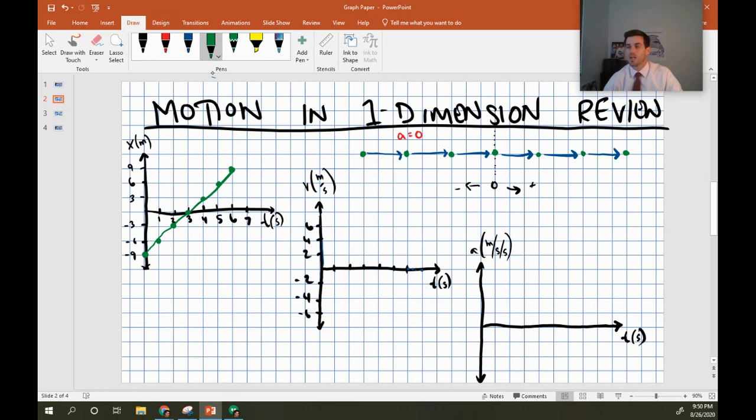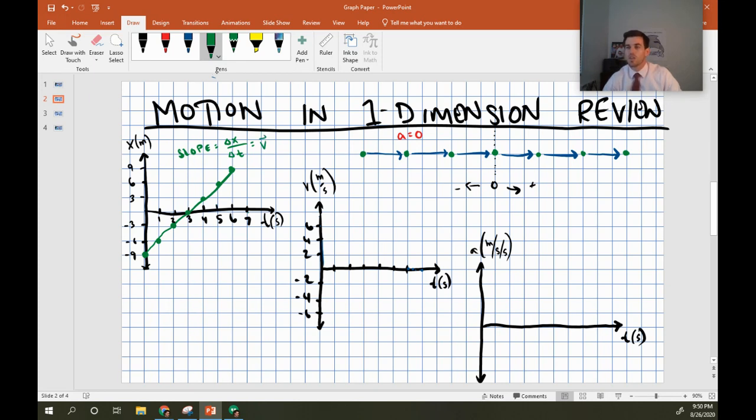So from here, we can use the slope. The slope of this graph represents our change in position, that's how we're changing along this y-axis, over our change in time, how we're changing along the x-axis, which means it is our velocity vector.